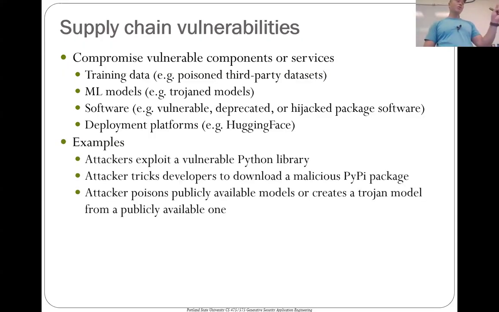Attackers will exploit a vulnerable Python library, or they'll do a typosquat to get the developer to download a malicious PyPI package for their application. And then the attacker uploads a poisoned model or a Trojan model that someone downloads if they want an open source model. They'll just poison one of those.